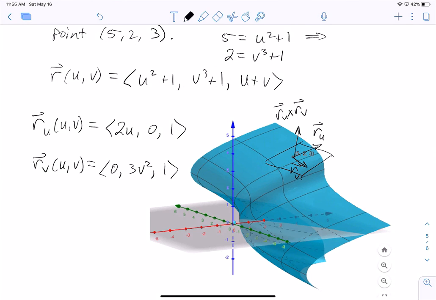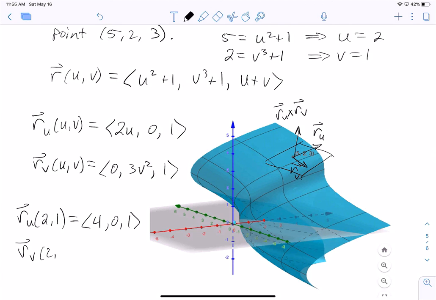By inspection, we can figure out that u is equal to 2 and v is equal to 1. We might say, wait, u could be plus or minus 2. Yeah, but u plus v has to be 3, and so we need these values here. So we can immediately go to r_u of (2, 1) is equal to <4, 0, 1>, and r_v of (2, 1) is equal to <0, 3, 1>.